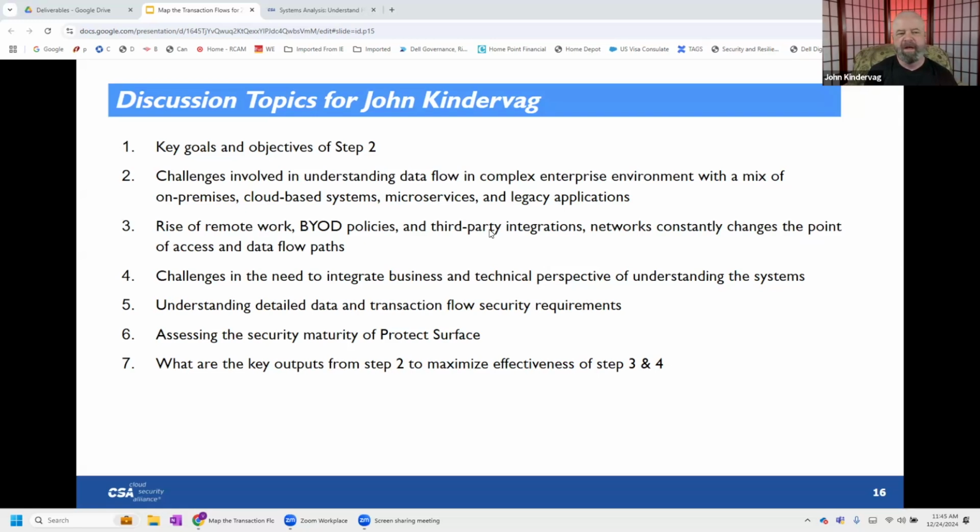But you're really looking at, where is this coming from? Where is this going to? Who is using it? Those more simple questions, really. And you're not getting into what's inside the payload. Is there malware here? Is somebody stealing data? Is there exfiltration? That's steps 3, 4, and 5.